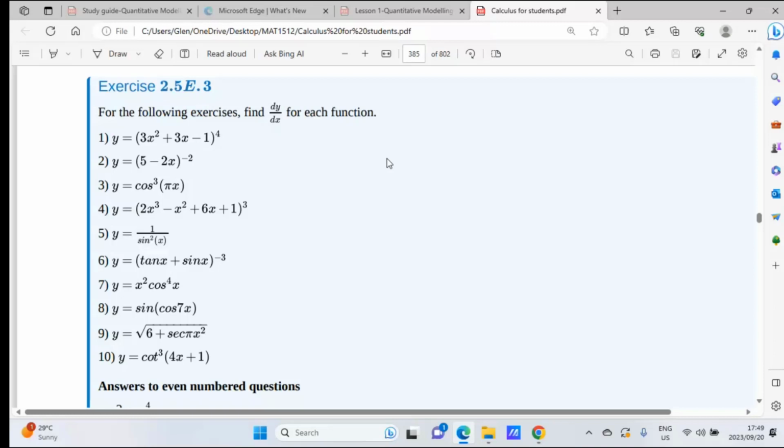So what I did is I said 3 multiply cot of 4x, then I subtracted 1 from the power, so I got squared now. Then I multiplied by the derivative of cot 4x plus 1.